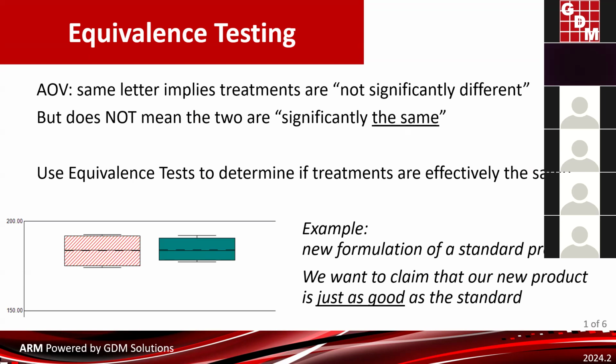There's no difference, but we can sell it to you for less, or whatever it is. And so you want that statistical claim that it's just as good. We don't even need to be better. Just as good is just fine for our sake. You would want to use equivalence testing to be able to make that claim.